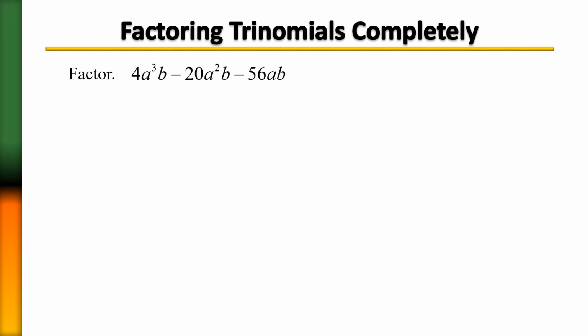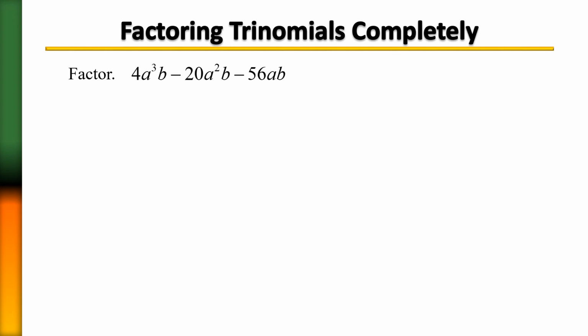If you didn't know that 20 divided by 4 is 5, that it divides evenly, and let's say 56, you didn't know what that was, then fine, get your calculator and do 56 divided by 4. If you get a whole number, then you know it divides evenly. If you get a decimal, then you know it doesn't divide evenly. All right, so we know that there's a GCF of 4, so that's going to go on the outside.